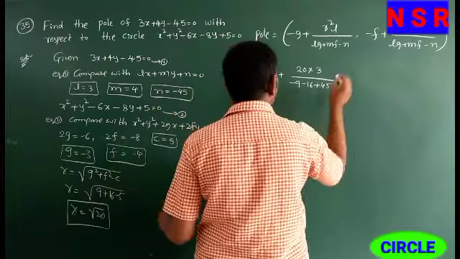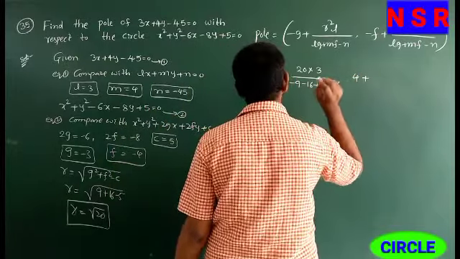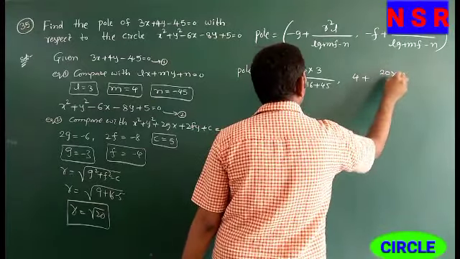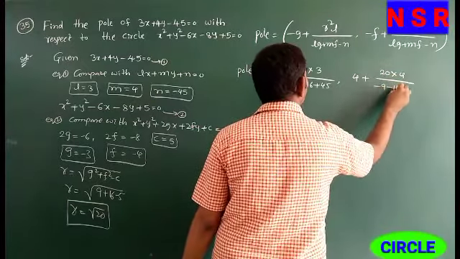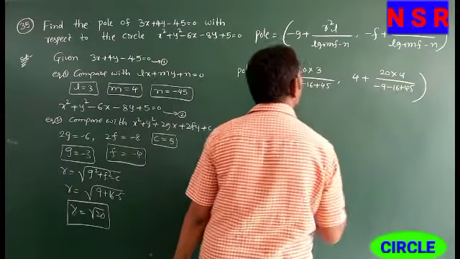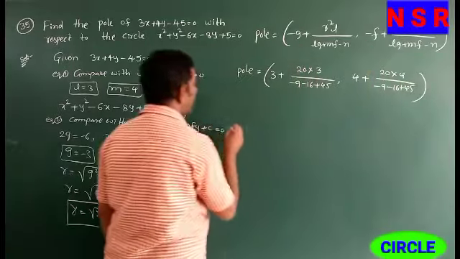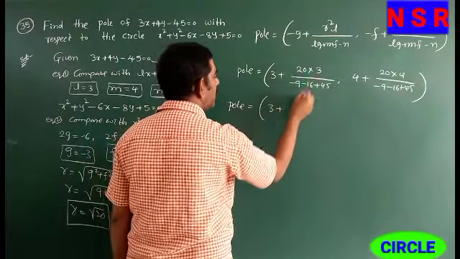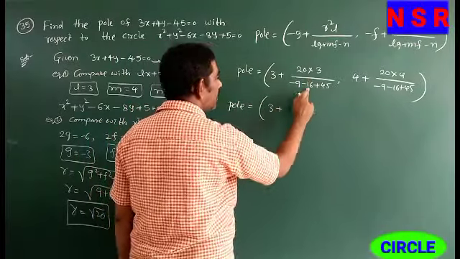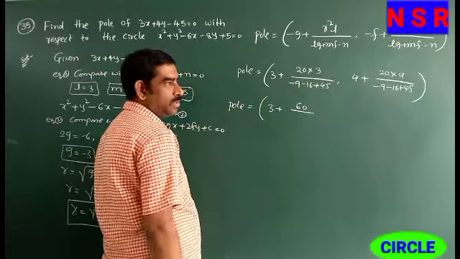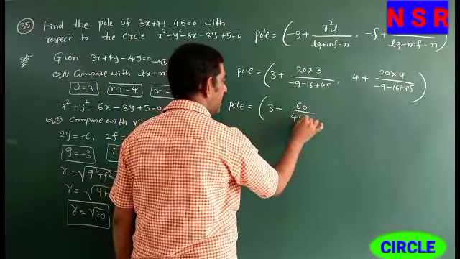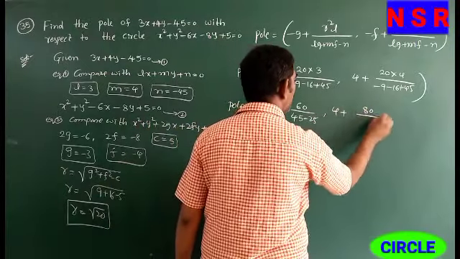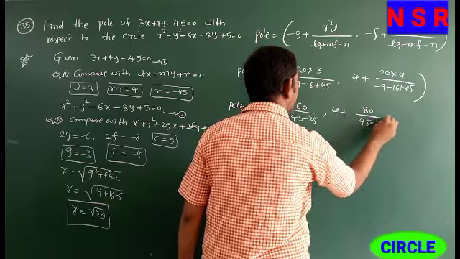Next -f, minus of -4 is +4, plus r square, m, 20 into m value 4 by -9 - 16 + 45. So your denominator is same. Now pole equal to 3 + 20 into 3 is 60 by -16 - 9 + 45, that is 45 - 25. Next here 4 + 20 into 4, 80 by 45 - 25.